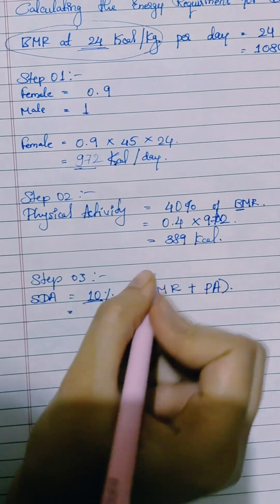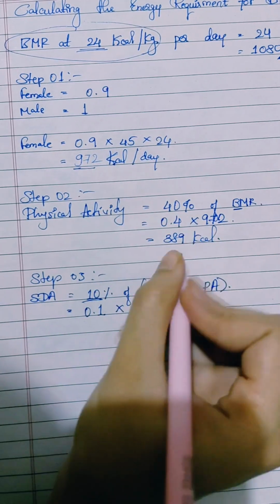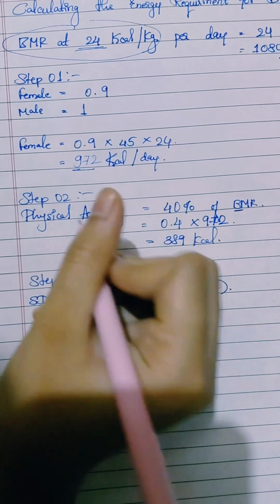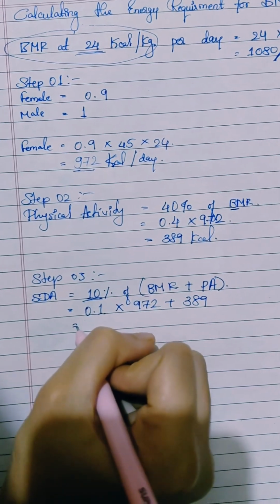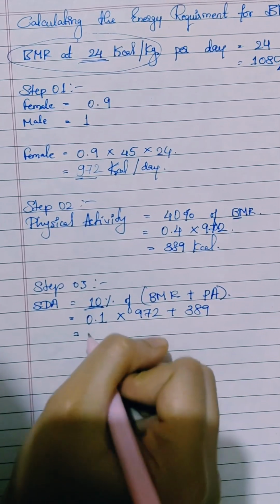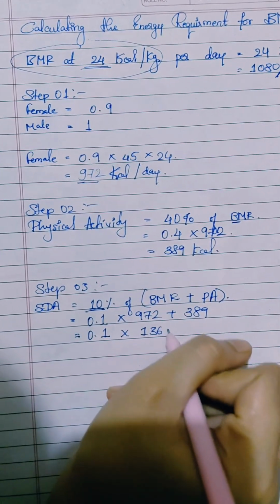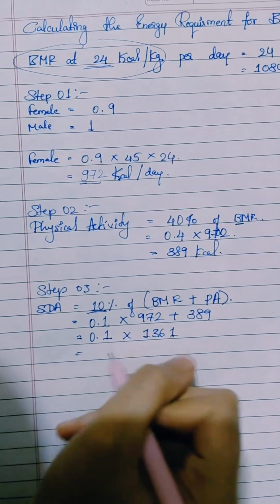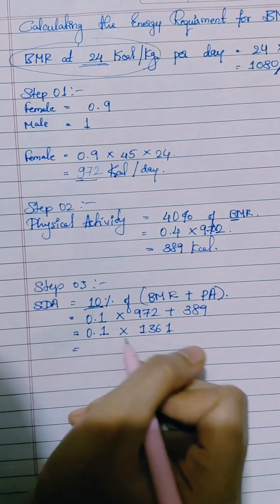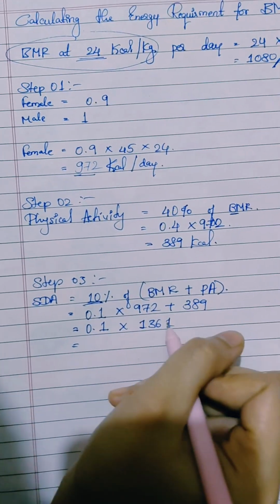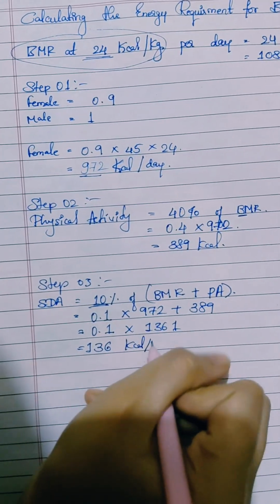In calculating, you will take 0.1 into the BMR, which was 972, plus physical activity, which is 389. If you add both you will get 1361. Then multiplying by 0.1, the 10% of this value, it will be 136 calories.